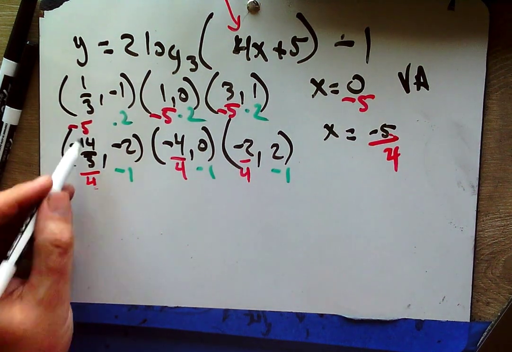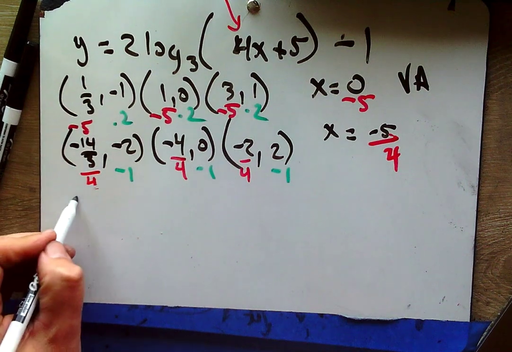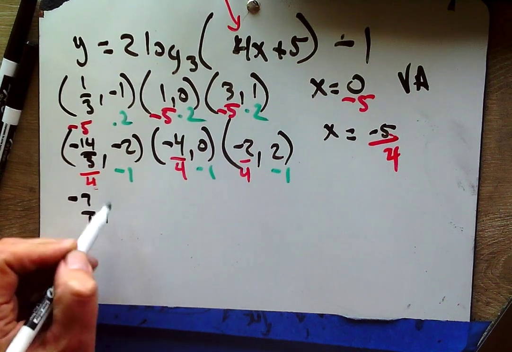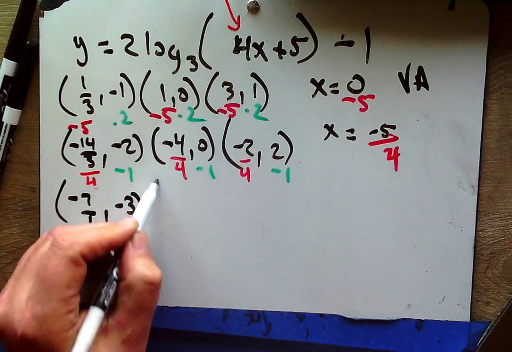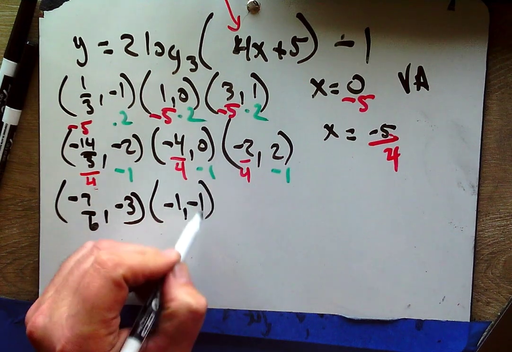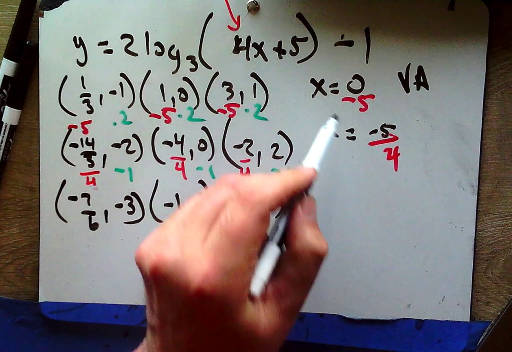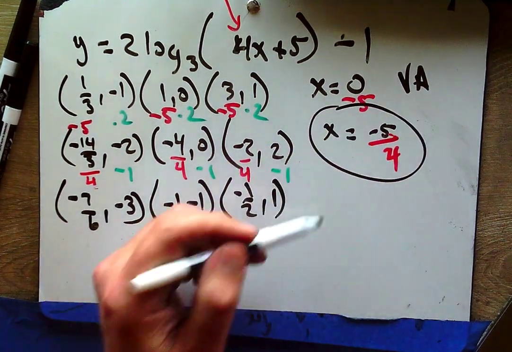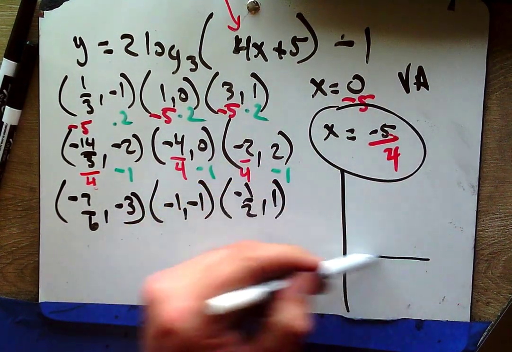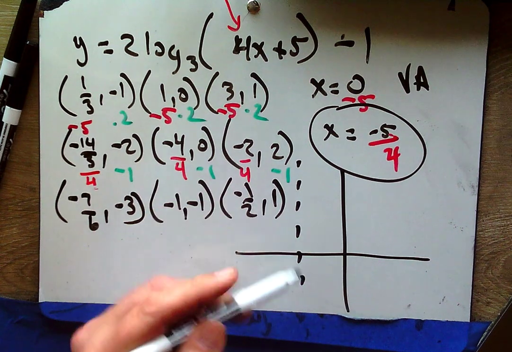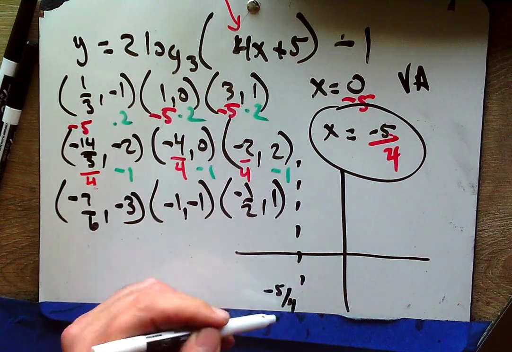So I'm going to have -14/12, which is -7/6, -3; -1, -1; -1/2, 1. And of course, x equals -5/4 for our vertical asymptote. So here's -5/4.